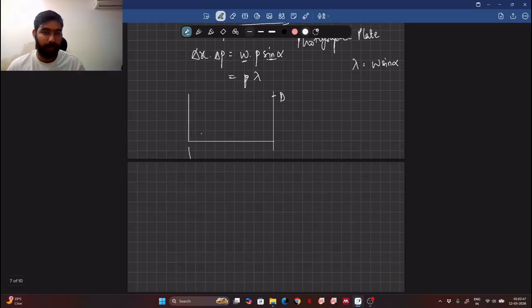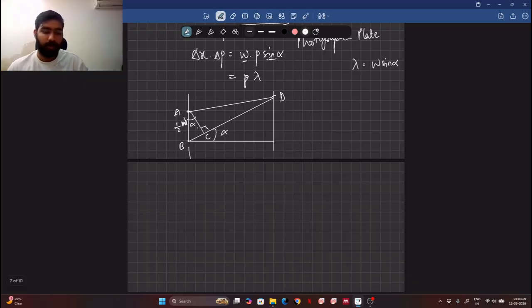We assume this point as B and this point as A. This is C. So we have alpha here. This would be alpha, and this is half W. AB is, let's say, half W.